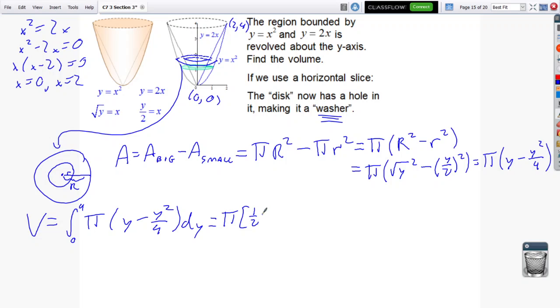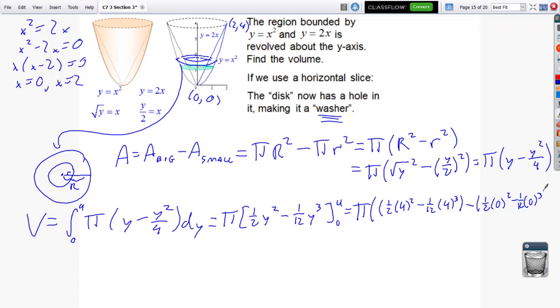I would put this as 1/2 y squared minus 1/12 y cubed, running from 0 to 4. So I can see that I have pi times the quantity of 1/2 4 squared minus 1/12 4 cubed minus 1/2 0 squared minus 1/12 0 cubed.